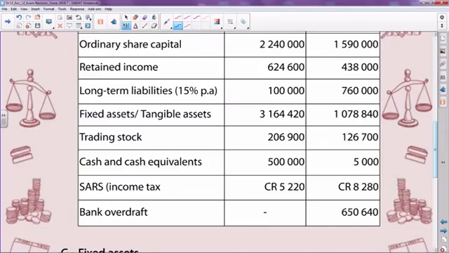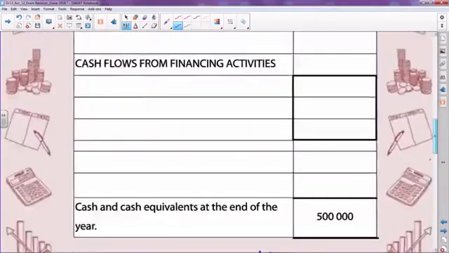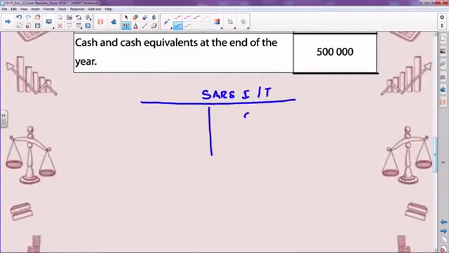In this case of ours, SARS income tax, beginning of the year, 8280 credit. So immediately I tell myself, fine, 8280 credit. Can you see? You don't need any details. You're doing a calculation, and that is important. Okay, closing, so we've got opening balance, done and dusted.